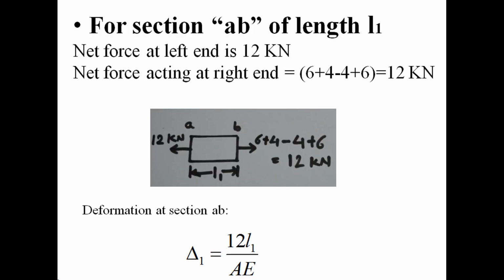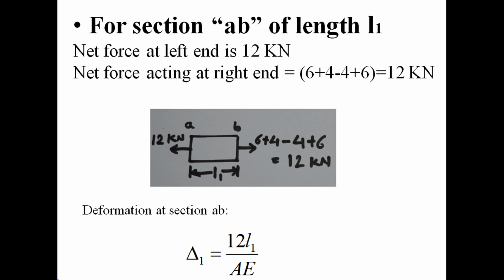If we take section AB of length L1, for that section we have to find the net force at the left end and the right end. The net force at the left end of section AB, you can see, is 12 kilonewton.